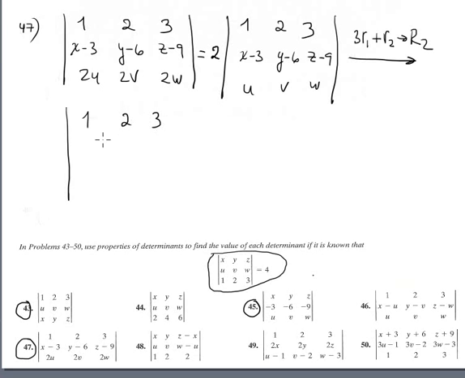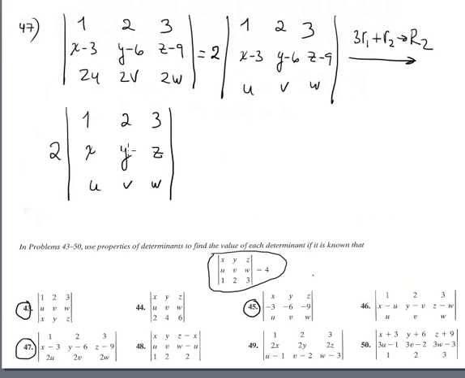When you perform this row operation, you have only x, y, and z. Because 3 times 1 is 3, plus x minus 3 is just x. 3 times 2 is 6, minus 6 is 0. And 3 times 3 is 9, minus 9 is 0. And UVW. And remember, don't forget this too: when you perform a row operation, the value of the determinant stays the same, it doesn't change.